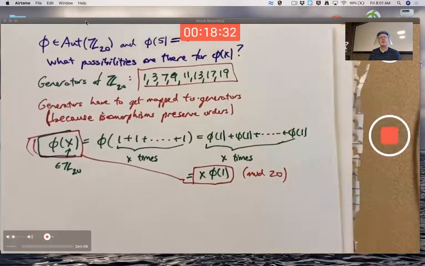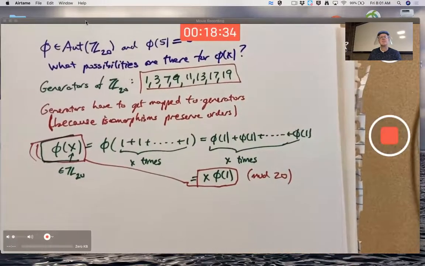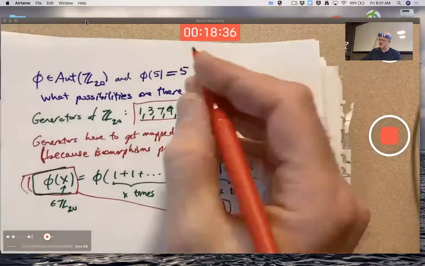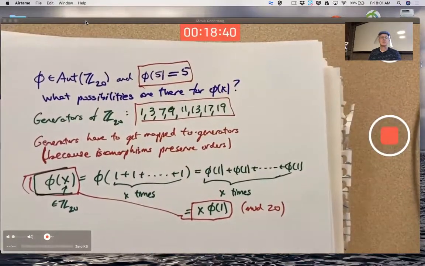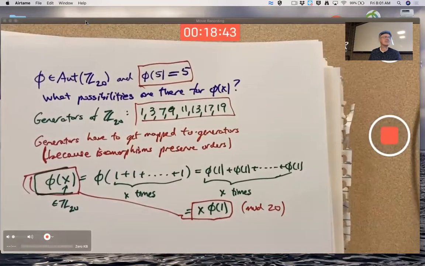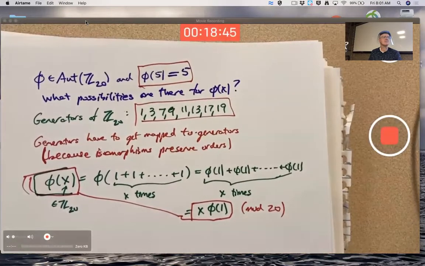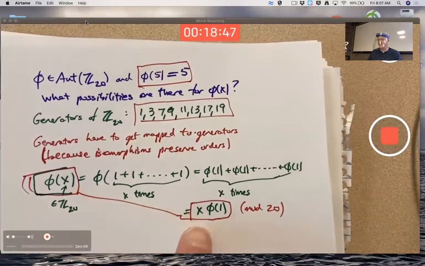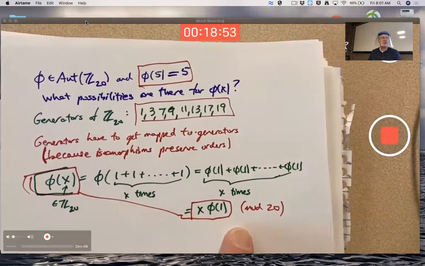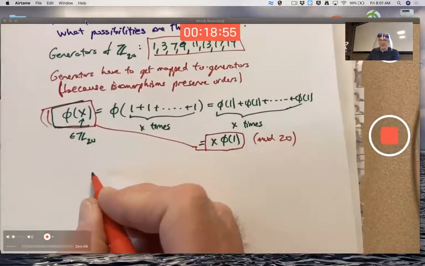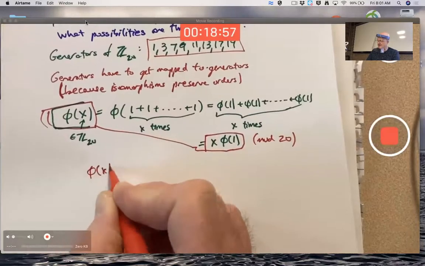And so then the question is, which of those are also consistent with this? Well, certainly if phi of 1 is 1, that's consistent with it. Then phi of 5 would be 5 times 1, 5. Are any others consistent? Possibly. So phi of x could be x.